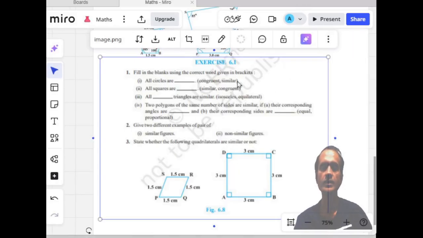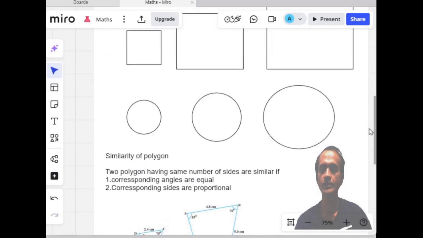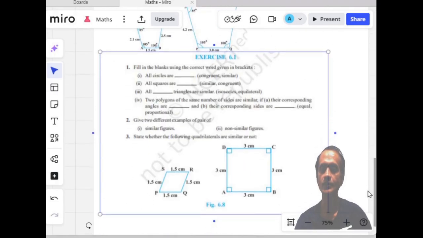So now you can easily solve exercise 6.1. All circles are what? Congruent or similar? They cannot always be of the same radius, so they will always be similar, which we have studied here. All circles are similar.